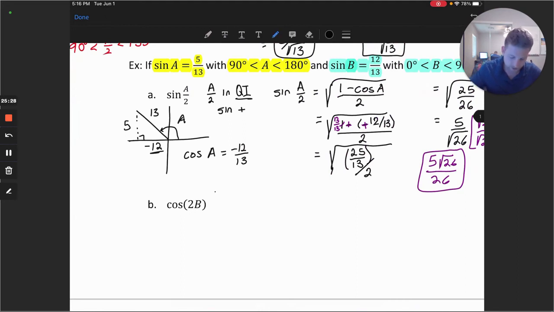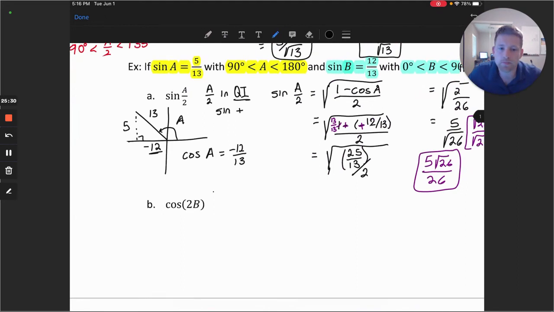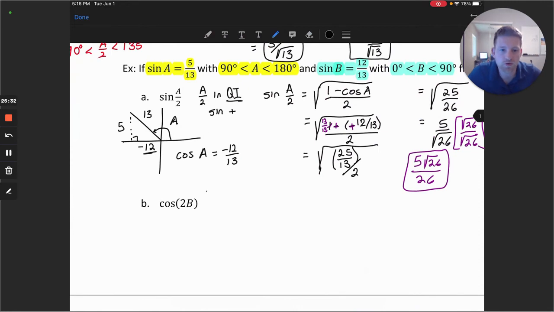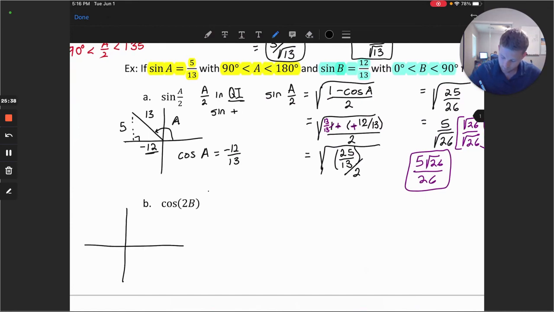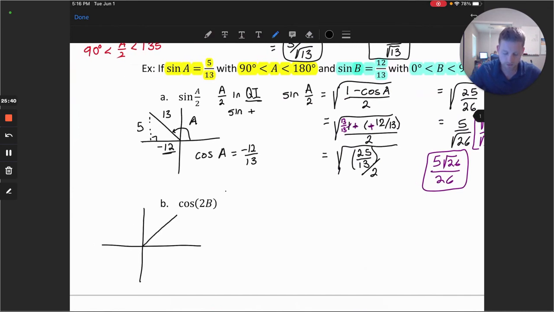We will have angle B. This is going to be in the first quadrant, from 0 to 90 degrees. And we're told that the sine of B is 12 over 13.